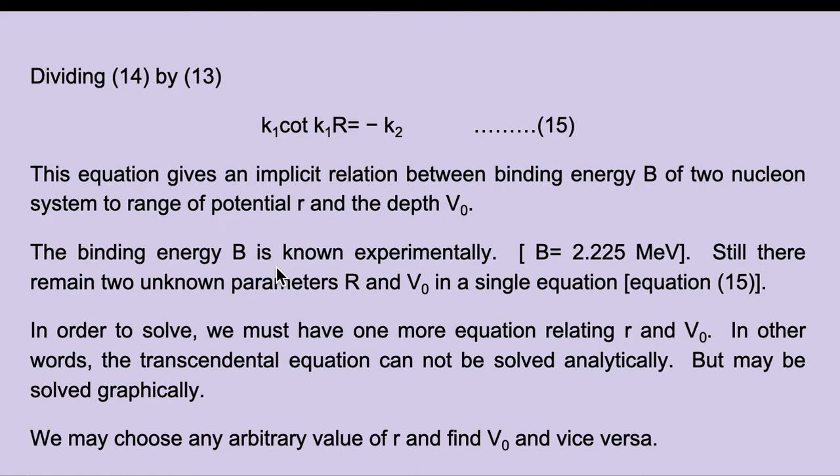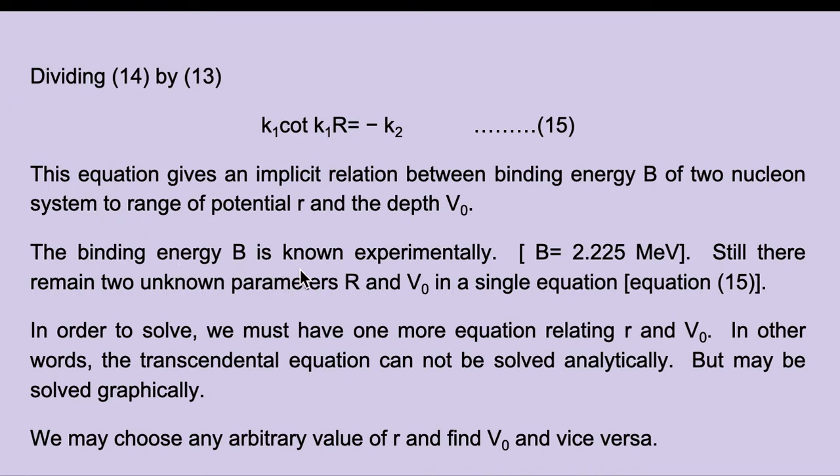So this K1, actually we have written that K1 in terms of B and V0, this K2 in terms of B, and also you have an R here. So this relation connects the range of potential R, depth V0 and binding energy.